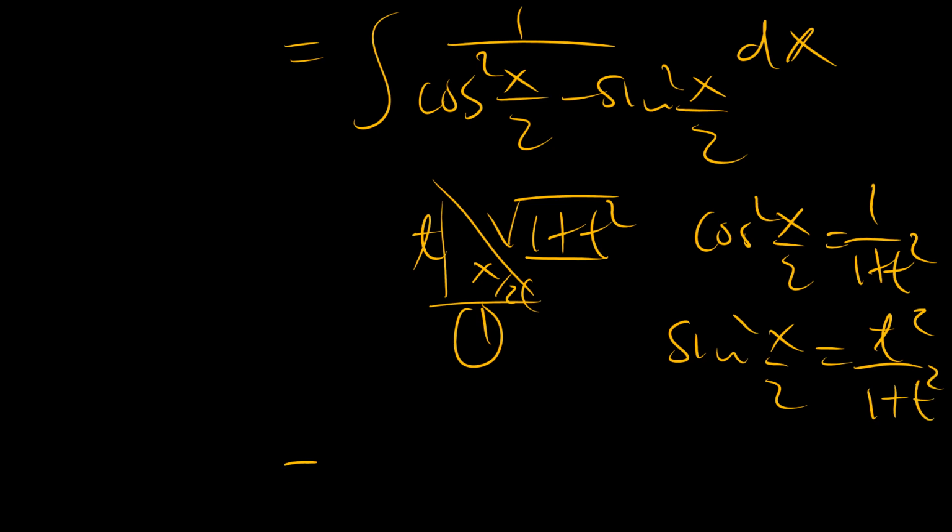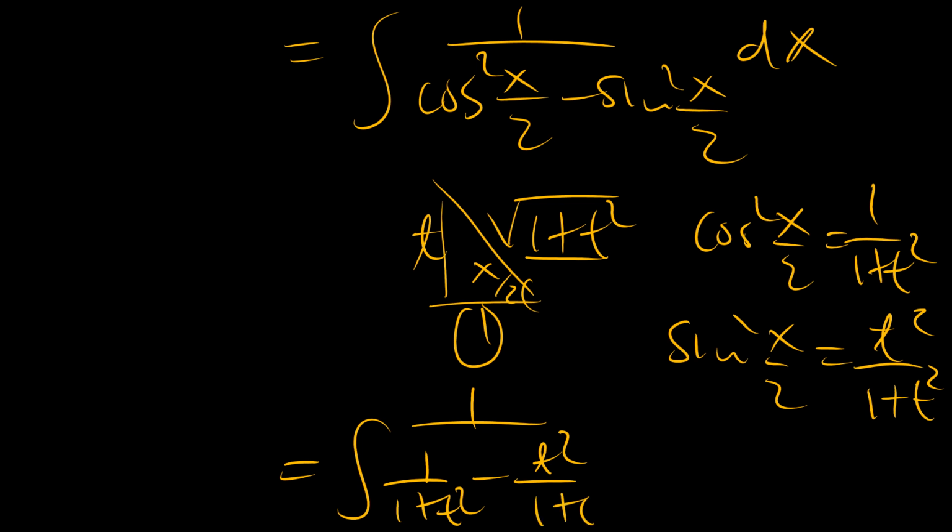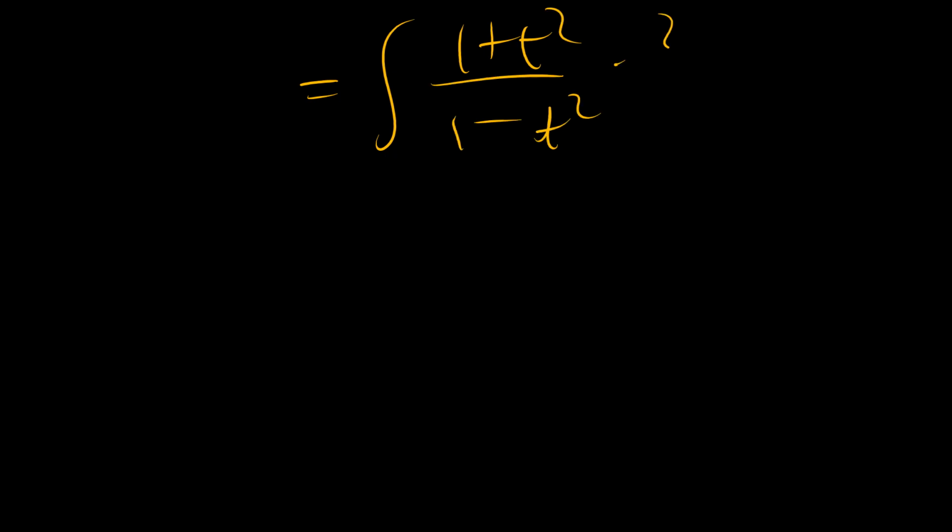So the integral becomes 1 over 1 over 1 plus t squared minus t squared over 1 plus t squared, and then dx is the same as 2 dt over 1 plus t squared, which is the same as 1 plus t squared over 1 minus t squared times 2 dt over 1 plus t squared, and this and that would cancel.